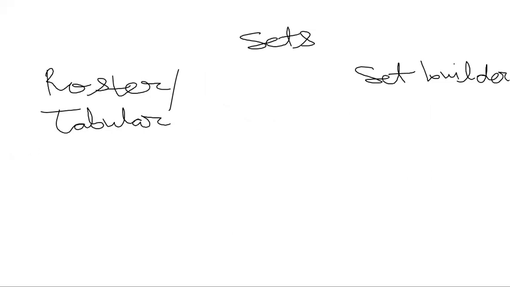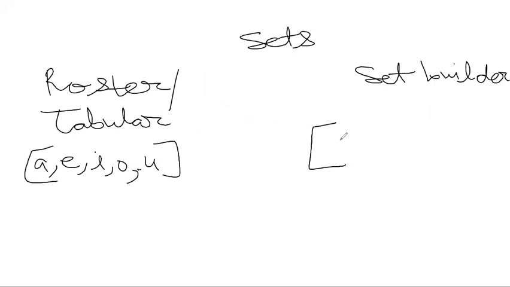Now, what is roster form? If I am writing, say, set of vowels in English alphabet, A, E, I, O, U, then this is roster form. And what is set builder?